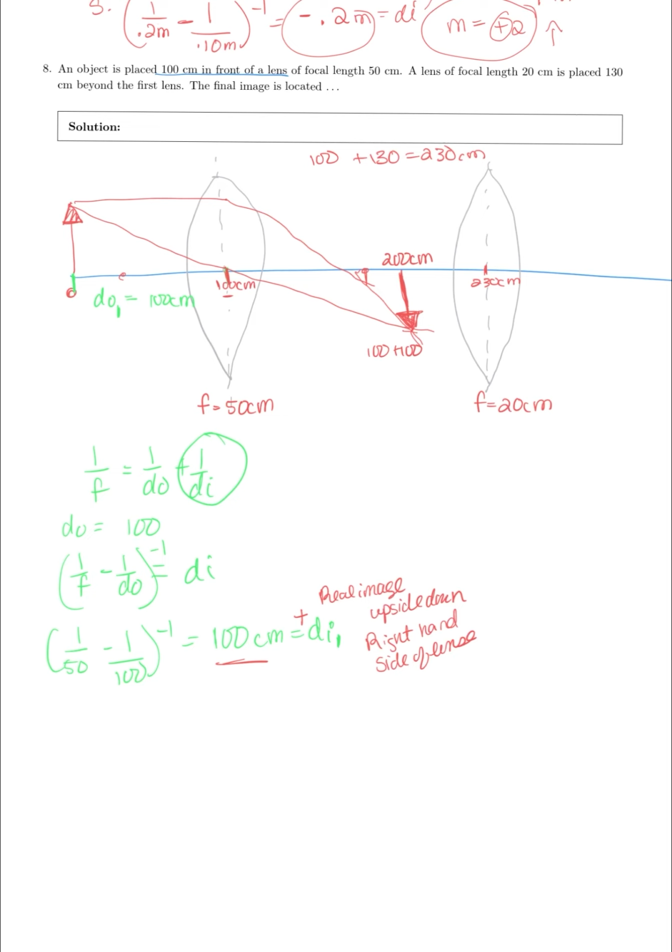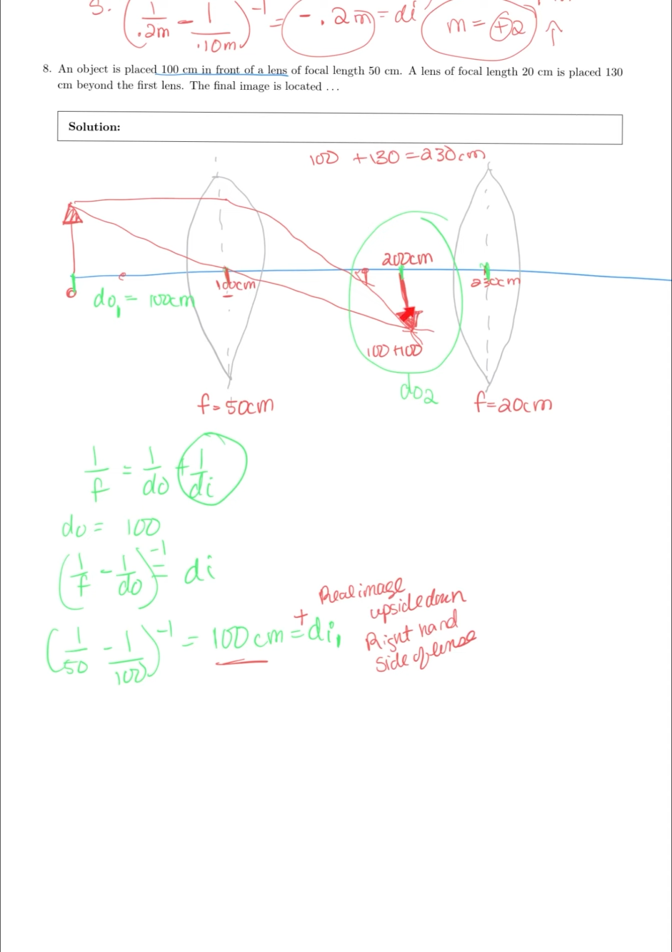Well, lens 2 only can see what the first lens showed him. So this is going to be do2. This is going to be the other object, right? So from here to here is going to be our object distance 2, because this is all that lens 2 sees. He doesn't know anything that is going on over here. He only knows what he's shown.